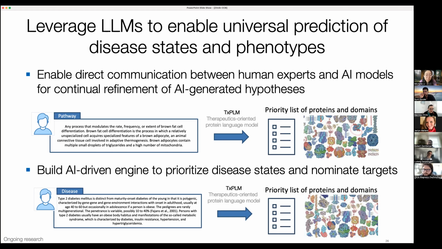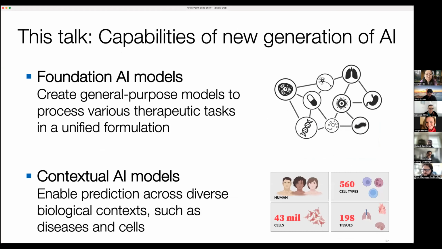And that paragraph is then mapped to the latent space together with the embeddings produced by the protein language model to prioritize proteins and domains. And we're working with several groups at MIT and CZI on validating prioritized proteins and protein domains as candidate therapeutics and validating them through flow cytometry experiments.